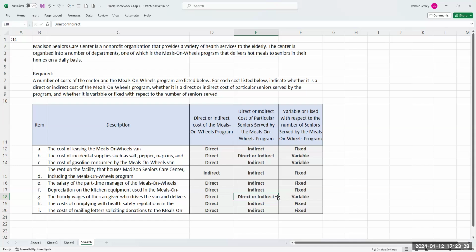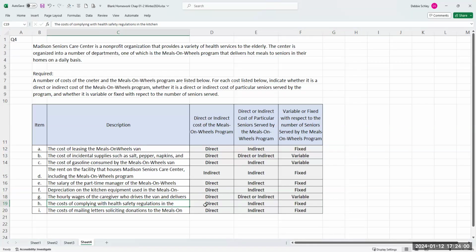It just depends on how they keep the records. Now, again, these are hourly wages for this caregiver. And so that is a variable cost because the more meals he delivers, the more hours he will work, the more his paycheck will be. The less meals he delivers, the less hours he works, the less his paycheck will be. So it is variable.